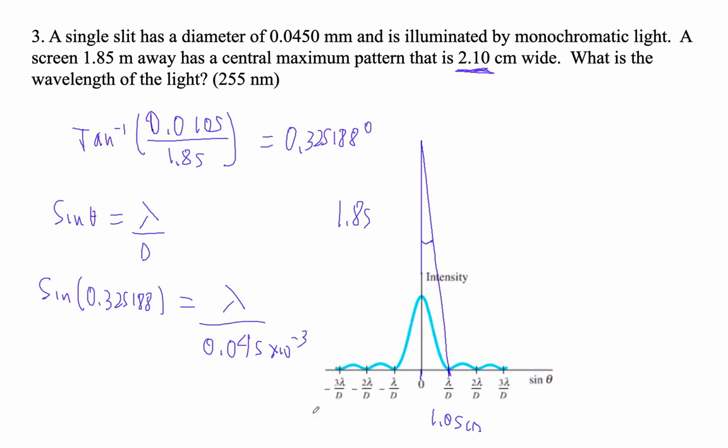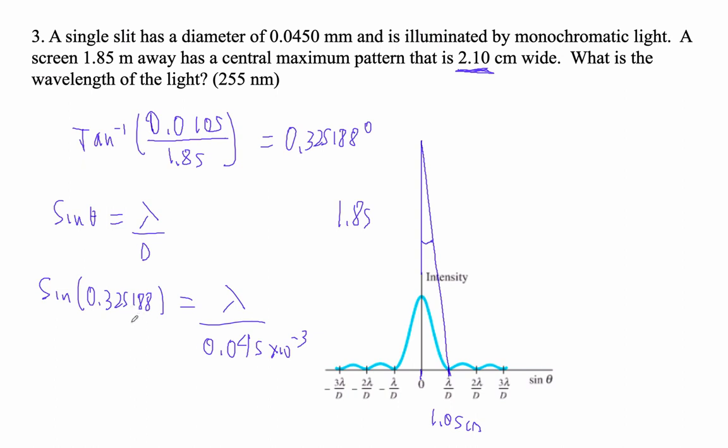So I'm going to take the sine of that number, times 0.045 times 10 to the minus third. Notice that in the approximation, I was just taking the angle in radians, but the sine of this will be the same as that angle in radians.